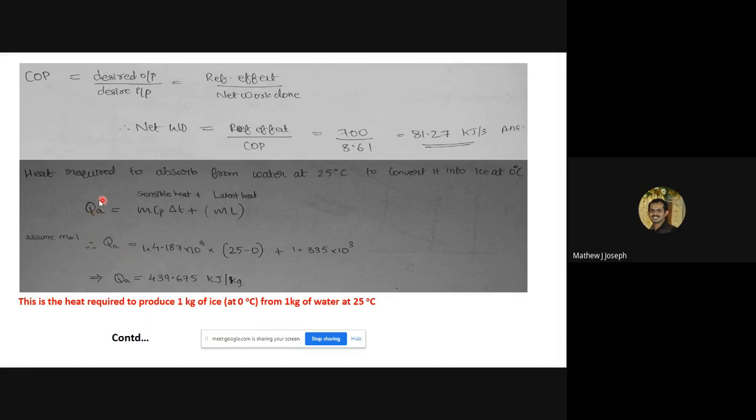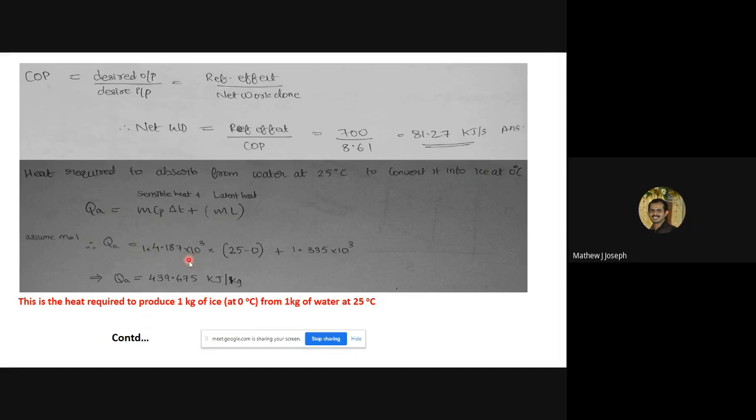The total heat absorbed from water at 25 degrees Celsius to convert to ice at 0 degrees Celsius, we are representing as QA. QA will be equal to m Cp delta T plus m L. By substituting all the values, m we are taking as 1. Cp value is given as 4.187 kilojoules per kilogram Kelvin.